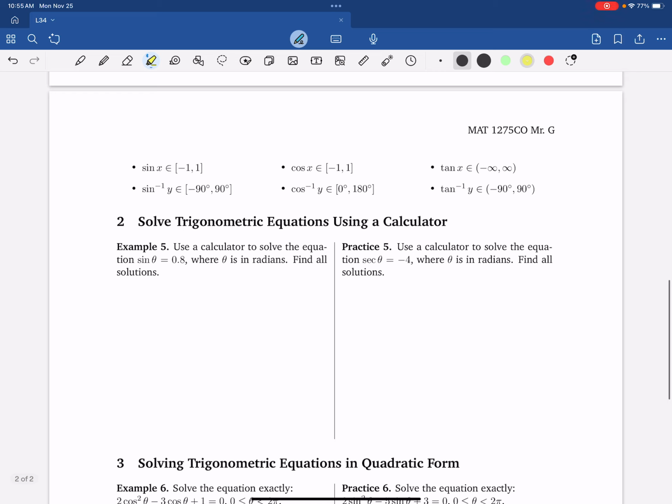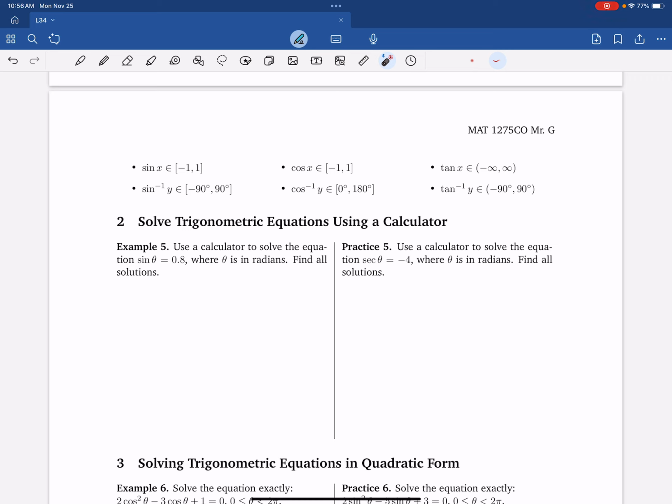And then on the top, I gave you the range of the 3 main trigonometric functions and their inverses, which we will use in these examples. Just remember that all the inverse functions, like the sine inverse and cosine inverse, tangent inverse on your calculator, they will only give you an angle measurement that are within the range that I have right here.